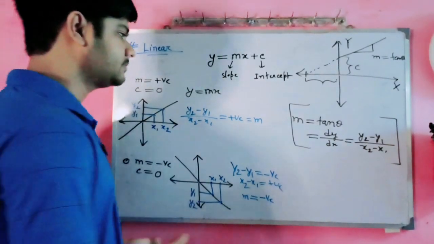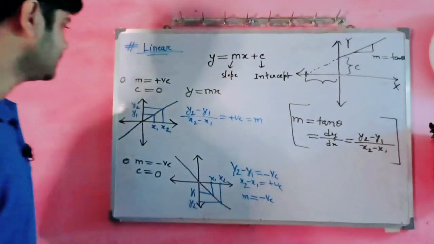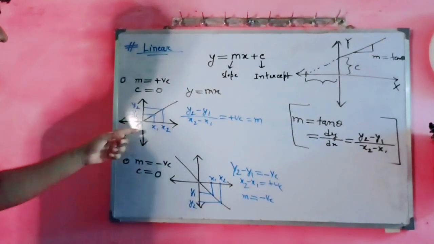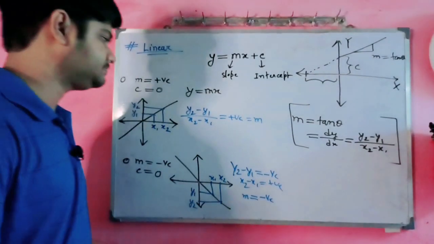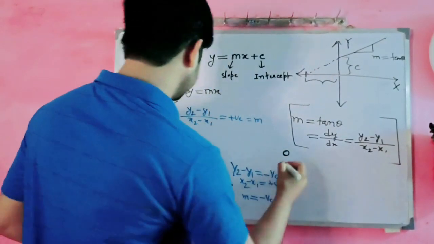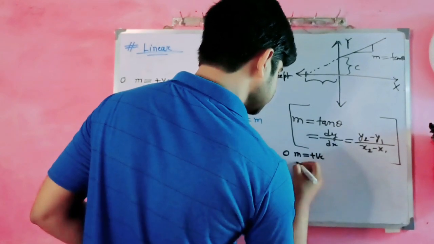So from using this, we can understand why we are drawing this type of graph for positive slope and this type of graph for negative slope. Another case, let us consider when m is positive but c is negative.